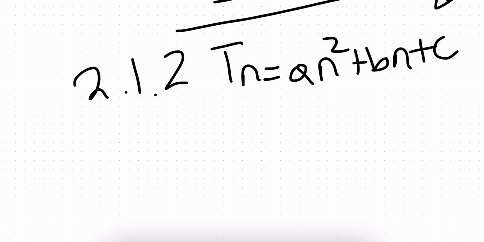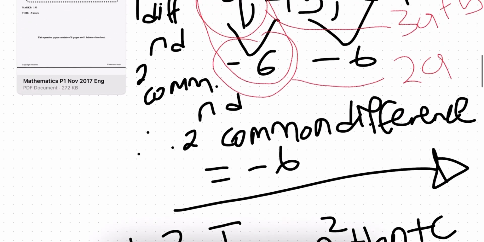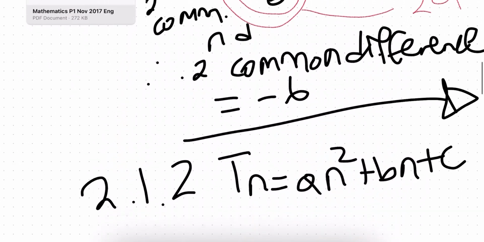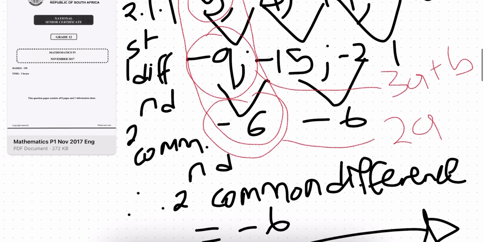Okay, cool. So you know that your a can be determined using this correlation over here. You determine your a using the correlation which says the second difference is equivalent to 2a.